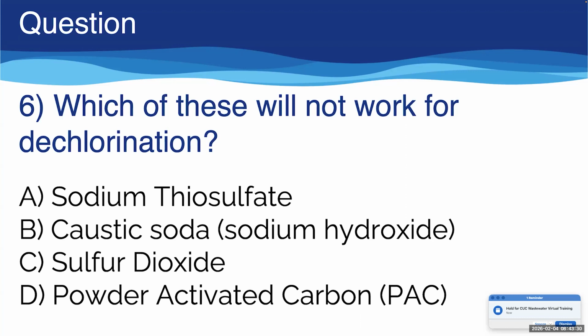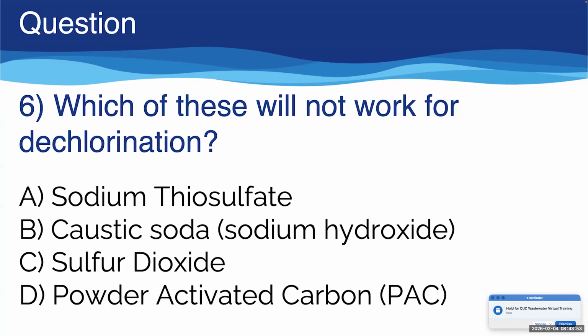Yeah, so the correct answer here is caustic soda, which is, again, one of those questions that might throw you for a loop because caustic soda is definitely used in wastewater treatment. And as we'll see, it's actually used for chlorine scrubbers, which are part of the safety equipment, but it's not actually used for effluent dechlorination.